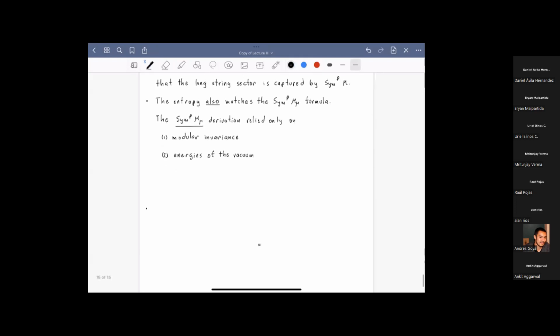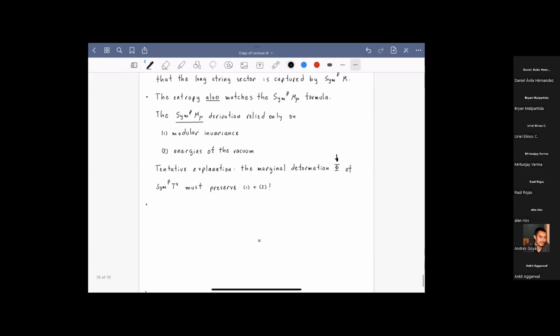So the tentative answer that I wanted to give you, that it's somewhere hidden here, is that we can make sense of the fact that we can also match the entropy to the single trace version of TTbar if the marginal deformation that takes us away from the symmetric orbifold point preserves both modular invariance and the energies of the vacuum. Okay, so we can require this marginal deformation to satisfy these 2 properties.